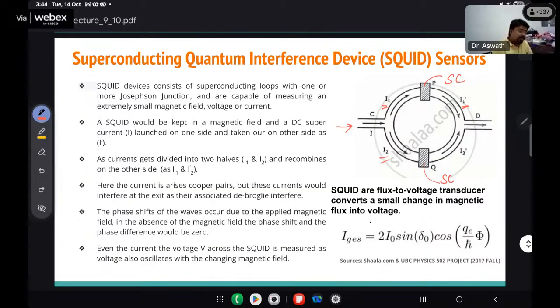By studying this structure, you can find the field around this SQUID. To have superconductivity, I will cool the system to millikelvin. The external field around this SQUID is going to induce some changes in the system, so that the relation between I1 and I1 prime is dictated by the surrounding electric or magnetic field.